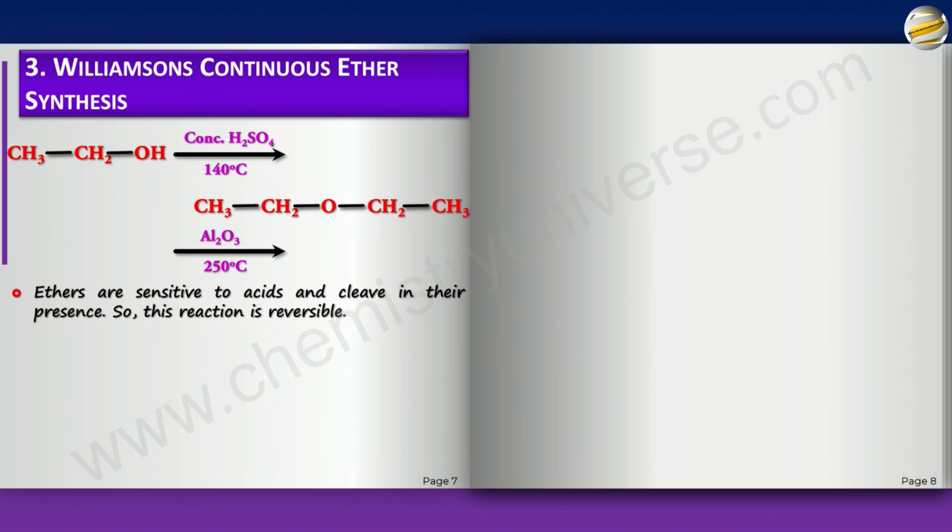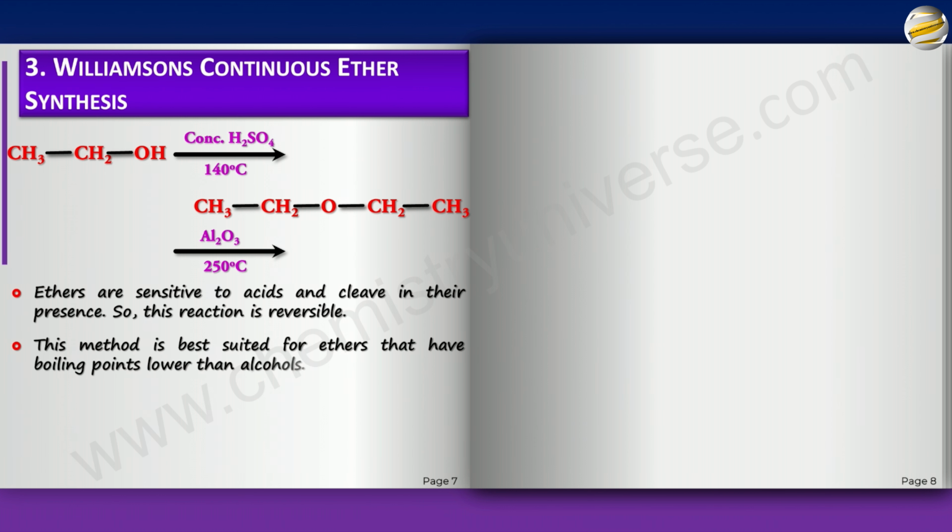So this reaction is reversible. So make sure that this reaction is not just one way, it's both ways. And this method is best suited for ethers that have boiling points lower than alcohols, so that I can keep the boiling point in between the two, and the ether forms as a vapor and does not remain in the solution to go back into the alcohol.